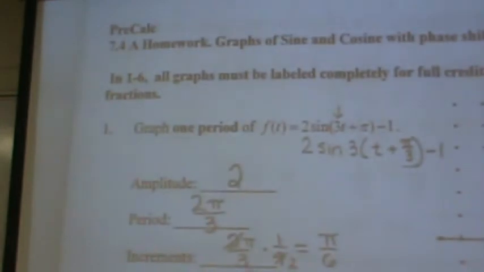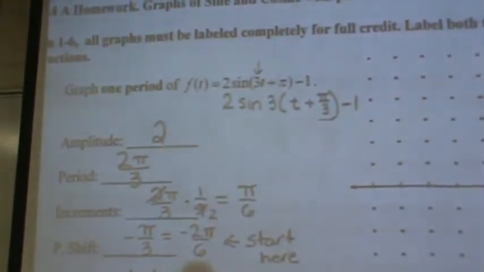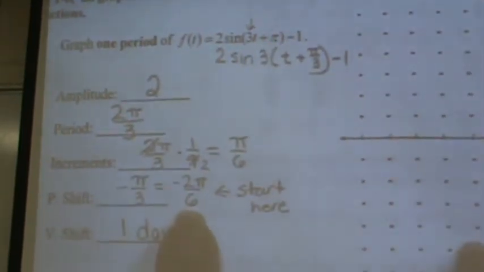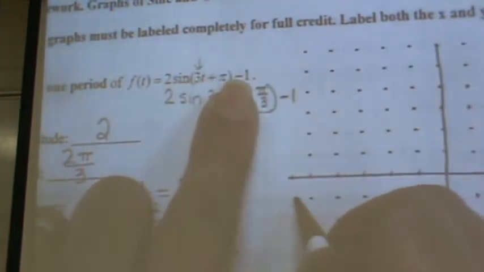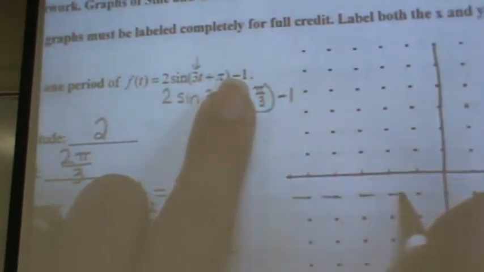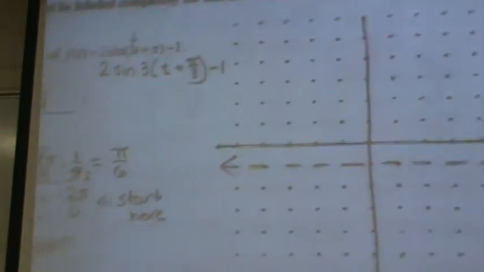Actually, what does it say? It says graph 1 period. So if we start at negative 2 pi over 6, which is here, now according to this, it's 1 down. So I need to do this. This is my new x-axis. So how does the sine curve look?